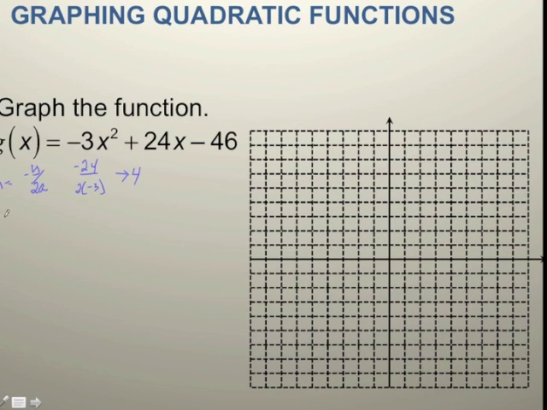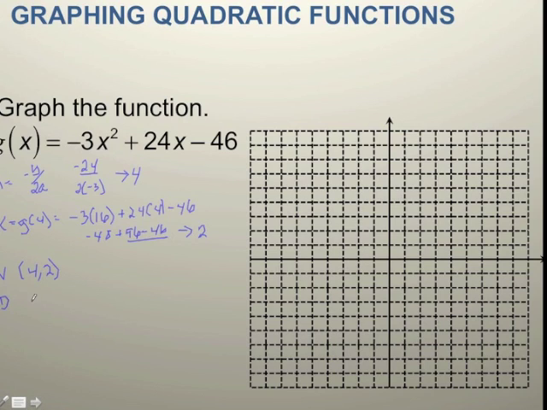So h is 4, and k is g of 4, so that will be negative 3 times 4 squared, which is 16, plus 24 times 4 minus 46, or negative 48 plus 96 minus 46. This will be 50, and negative 48 is 2. So my vertex is at (4, 2).